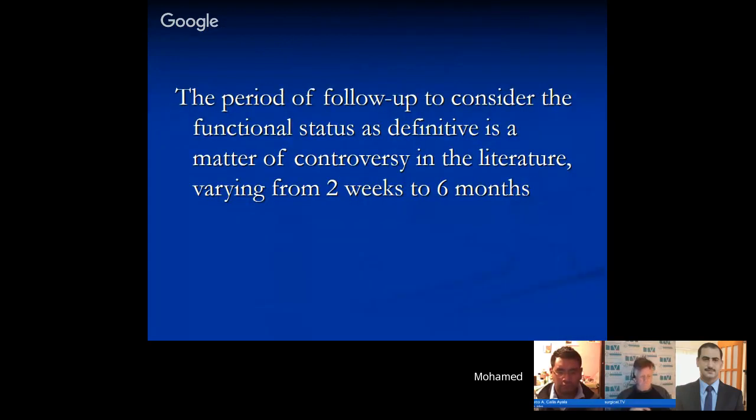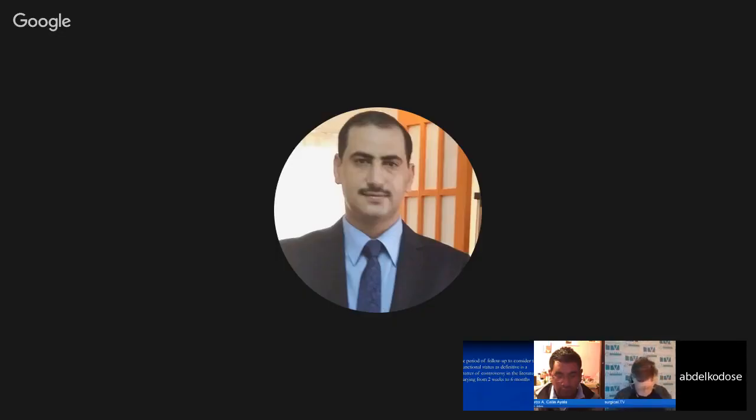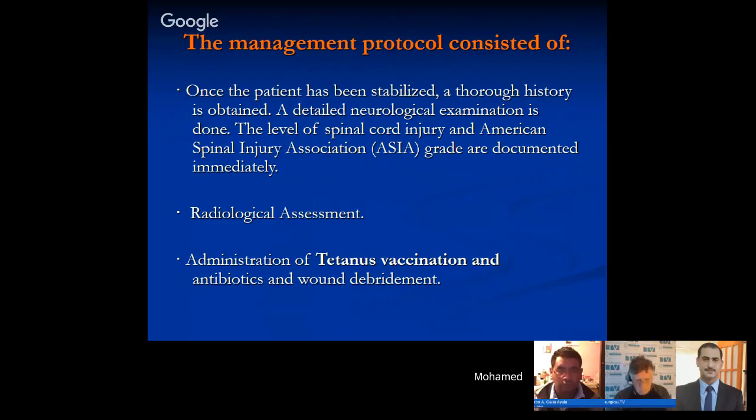The period of follow-up to consider the functional status of the patient as definitive is a matter of controversy in the literature, varying from 2 weeks to 6 months. The management protocol: once the patient has stabilized, history is obtained and a detailed neurological examination is done.